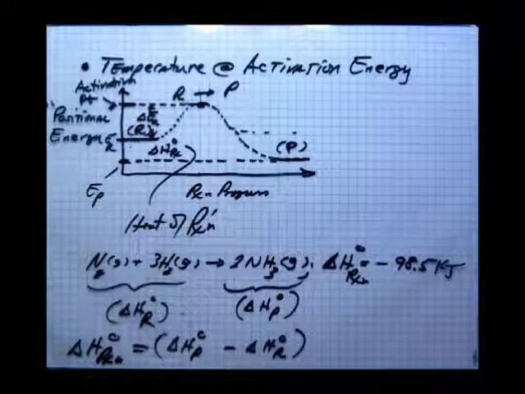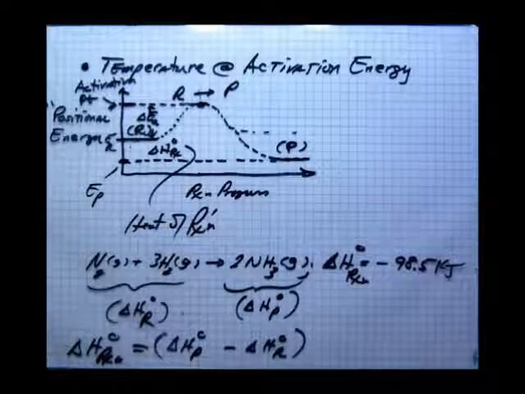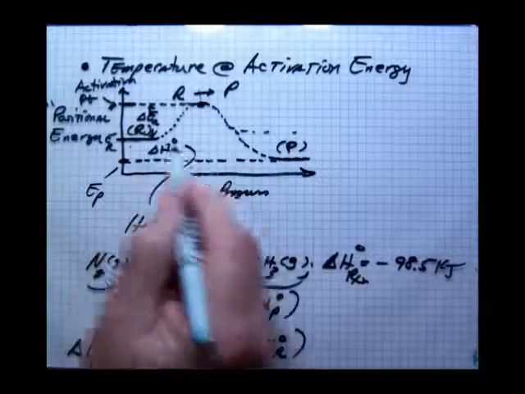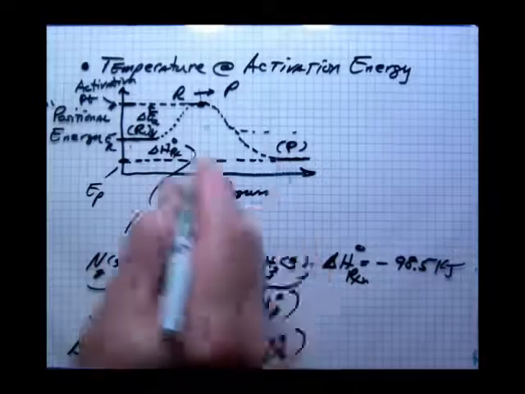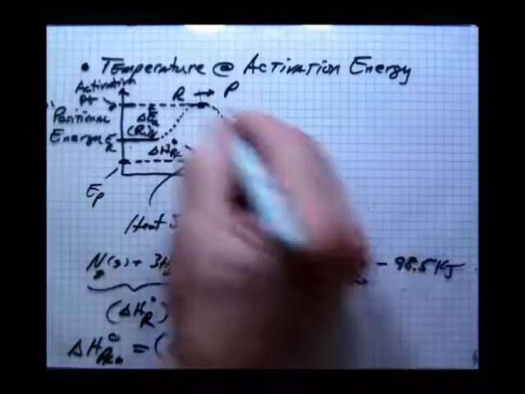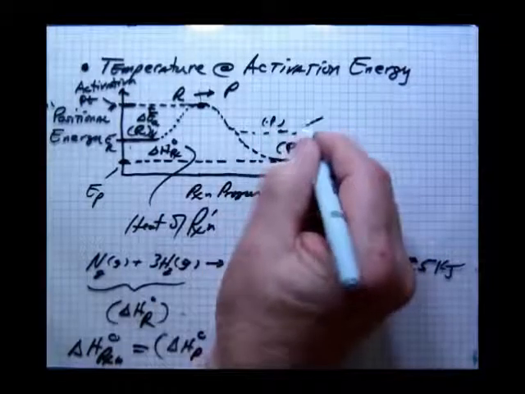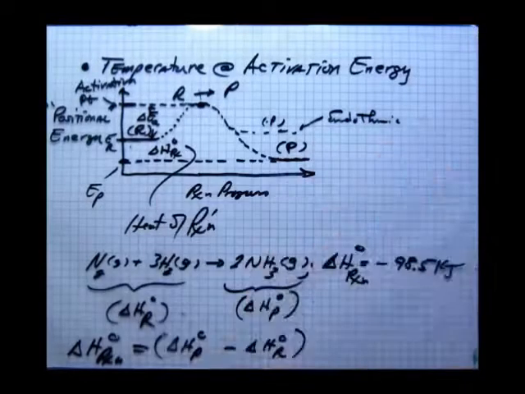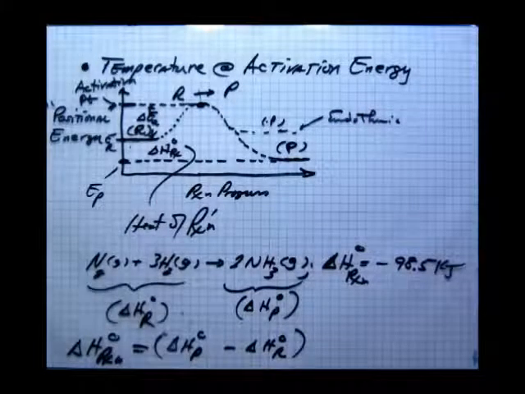But all reactions have to go through the transition state, all of them. So even the reactions that wind up below are exothermic, and something that winds up here on the product side, hypothetically, would be endothermic. And we'll cover that in more detail in a few minutes. Okay.